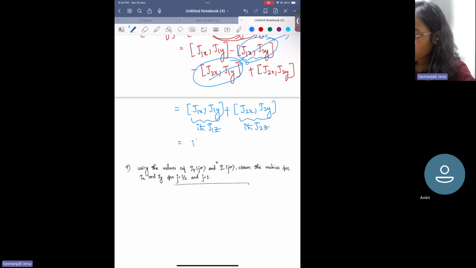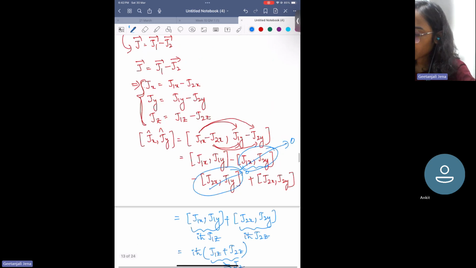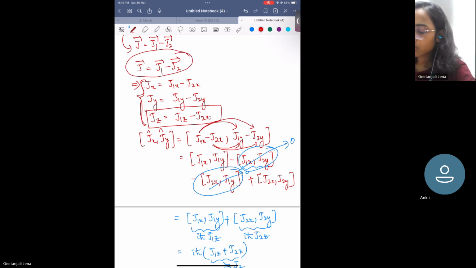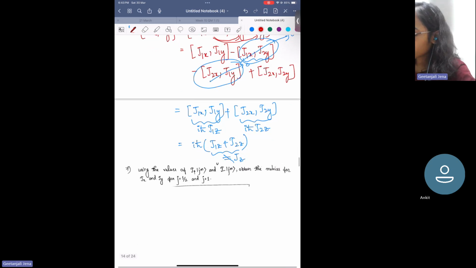So it is iħ times J1z plus J2z. But J1z plus J2z is not equal to Jz, because here Jz is J1z minus J2z if you take J equal to J1 minus J2. So it is not equal to iħ Jz.